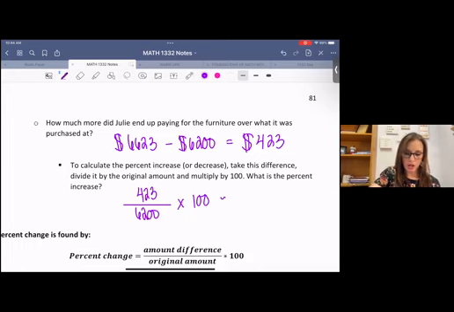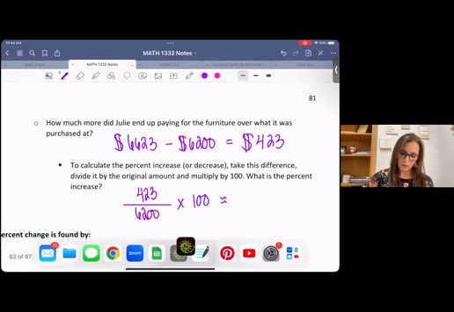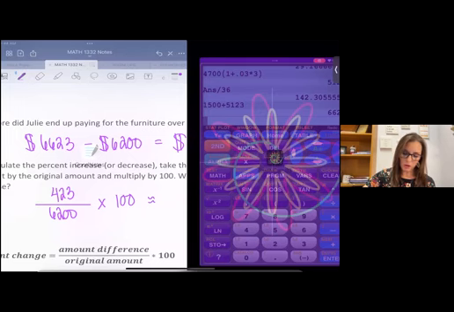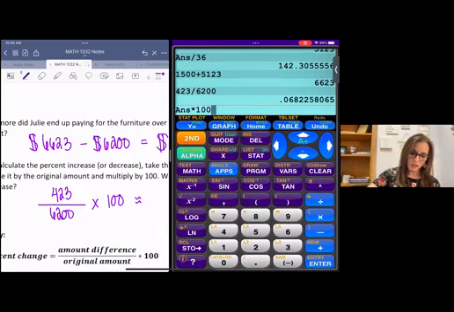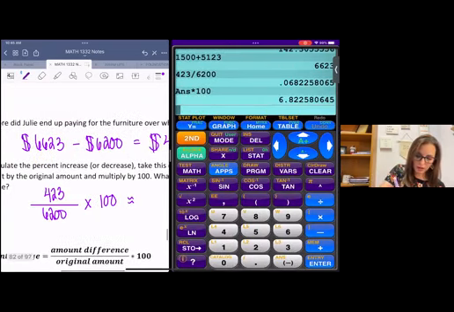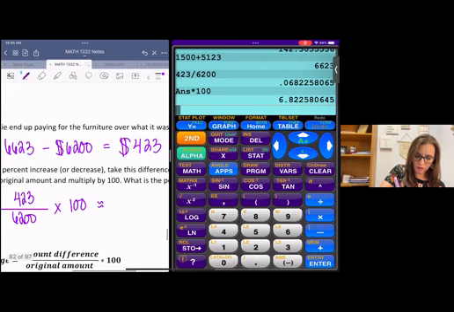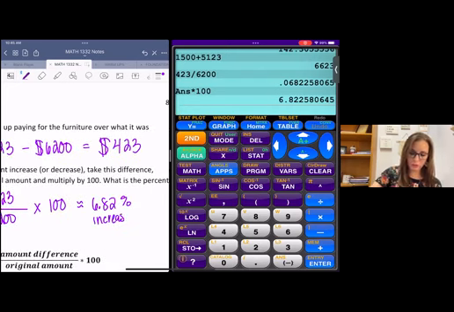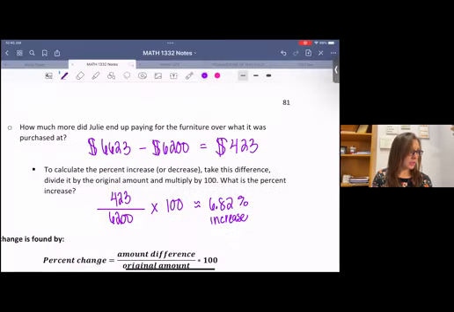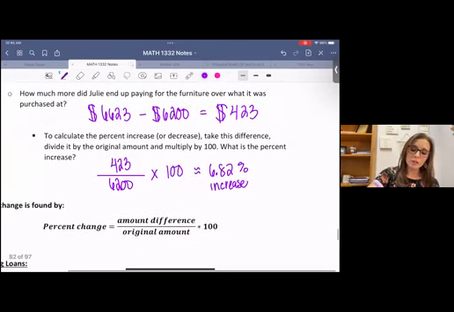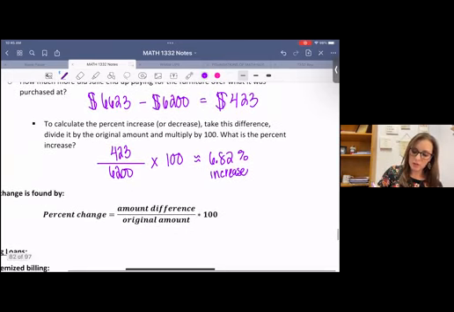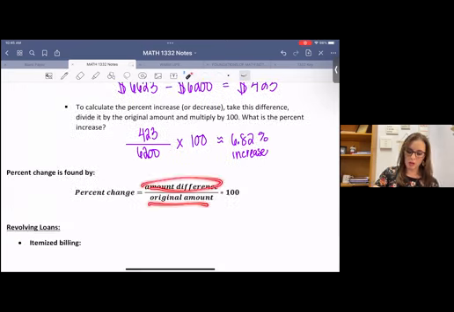So the percent change, I'm going to round, so I did the little squigglies. 423 over the original times 100 to convert it is about 6.82% increase. And I have down here a little formula for that. If you're wanting to find the percent change, you find the difference over the original times 100.